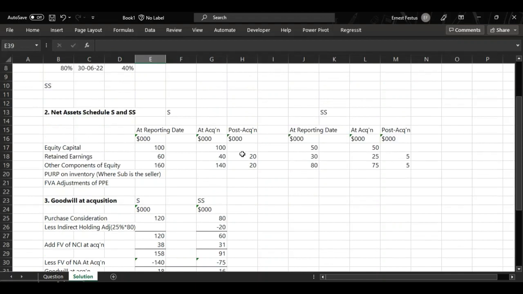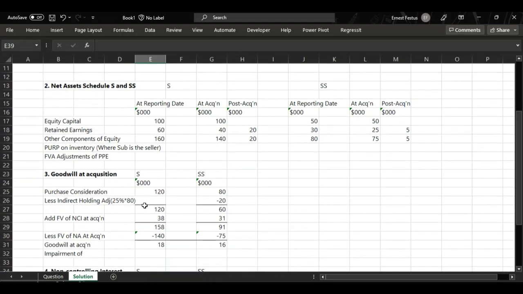So this is the advantage of always working your net asset schedule out. It will help you in goodwill calculation. As you have seen, we've gotten all these values with the help of our net asset schedule, and we are also getting our post-acquisition profits right from here.